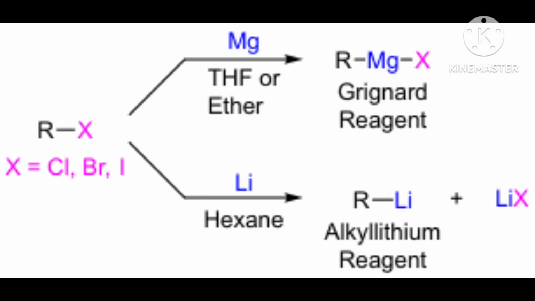That's why the carbon-magnesium bond is covalent but highly polar, with carbon pulling electron from electropositive magnesium. Carbon wants electron, and this electron will be given by electropositive magnesium. That's why a covalent bond will be formed. The magnesium-halogen bond is essentially ionic.